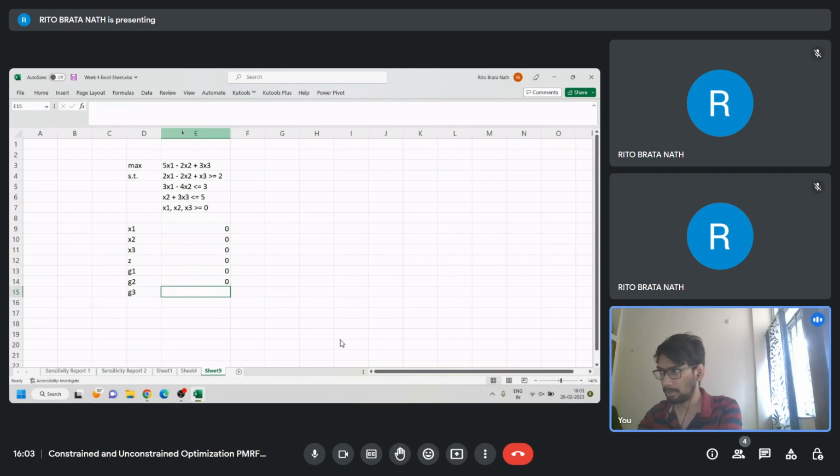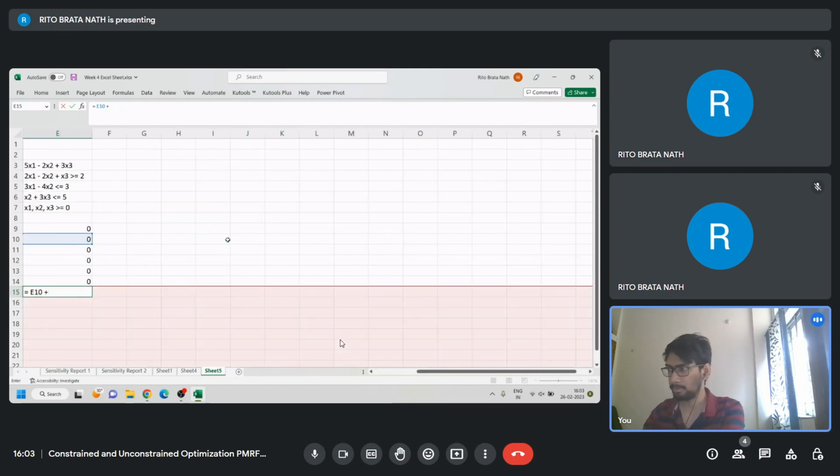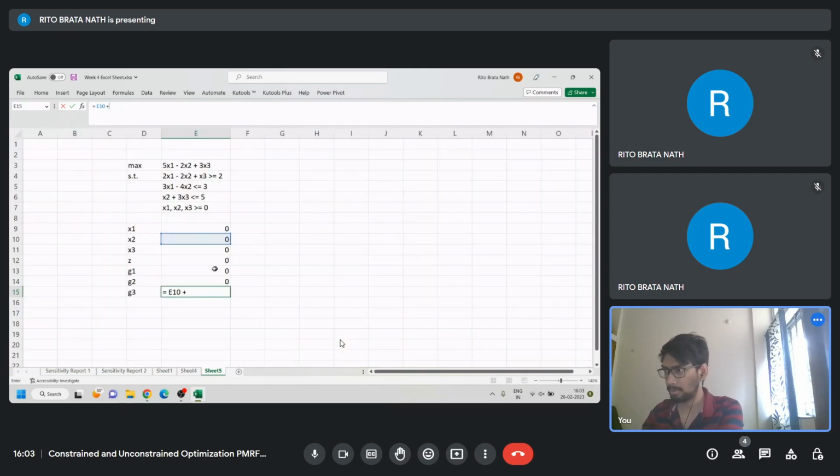That's fine. And the last one is x2 plus 3x3. That's fine. Now this is greater than equals, this is less than equals, this is greater than equals, and this is 2, 3, 5. So as before, let's solve it.